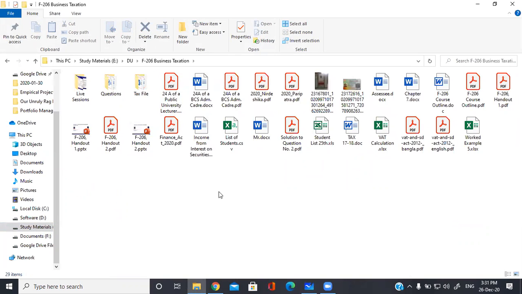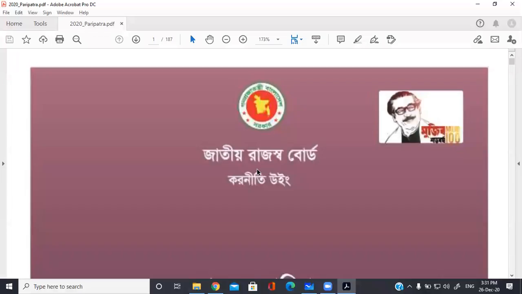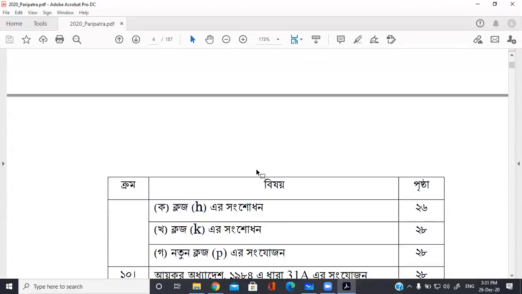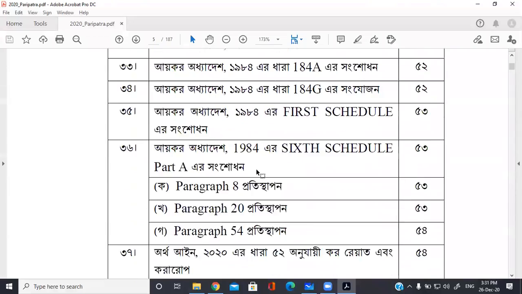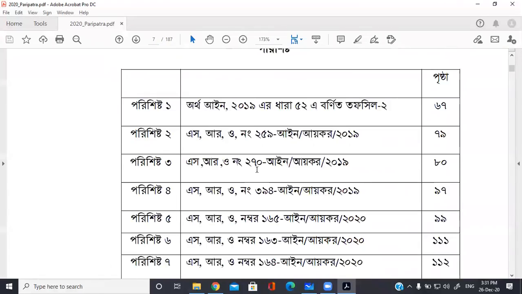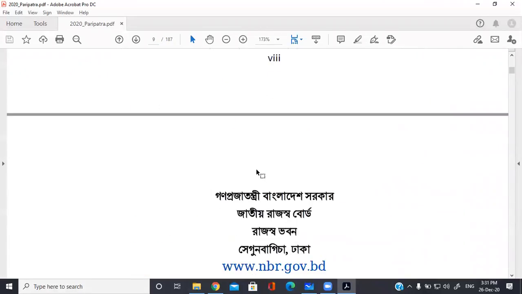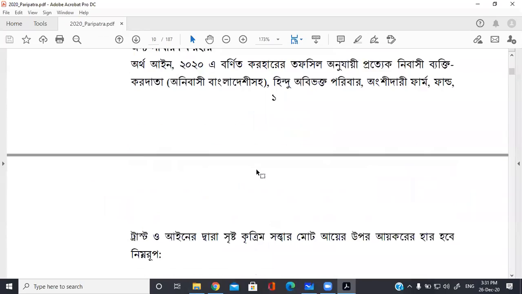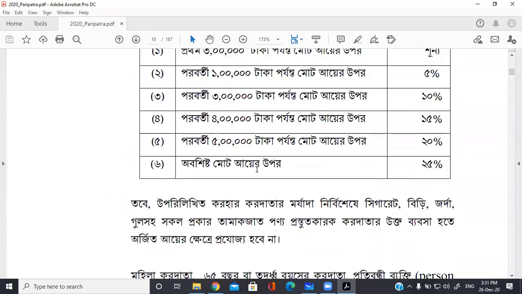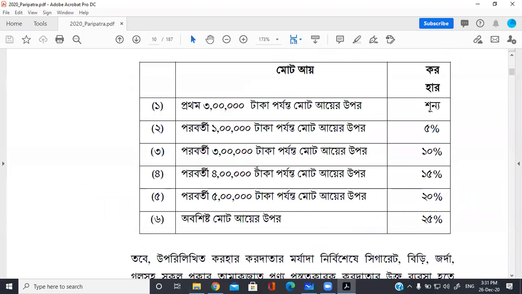As it has been changed this year, I can't recall. The next changed slab is 25% for the next 3.4 million, I suspect. Is there any number like 3,400,000? Okay, this is here. So we have made a mistake together here.